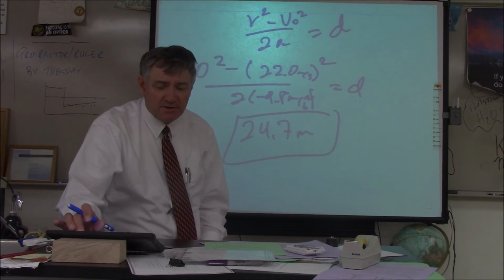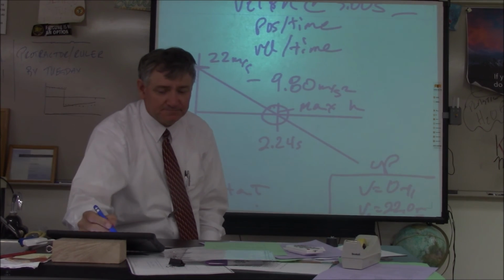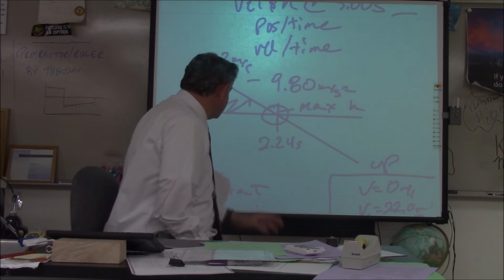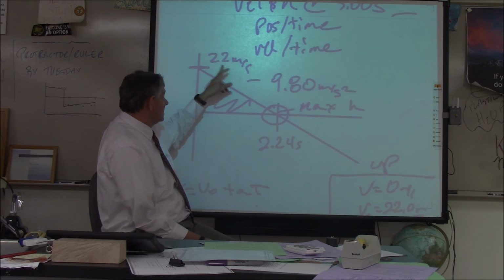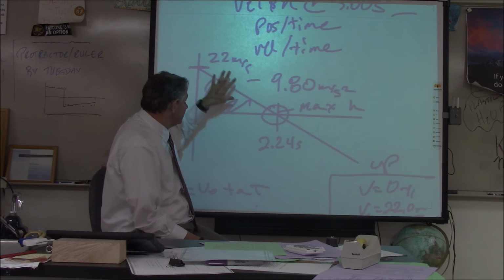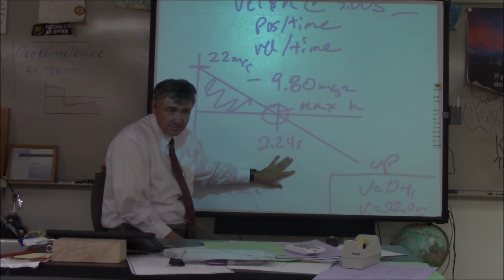Now, here's how you can verify that this is right. Let's find the area if we assume this is right. So half of 22 is 11. So right quick, somebody take 11 times 2.24. 24.64.